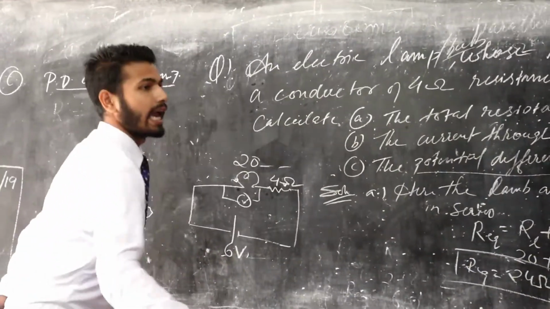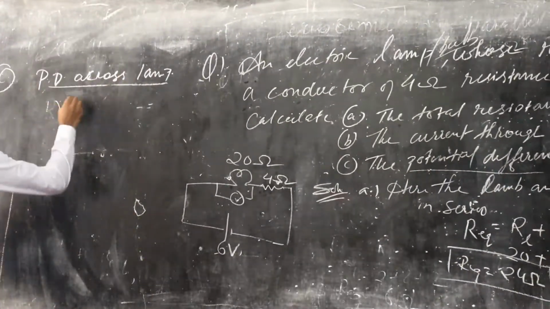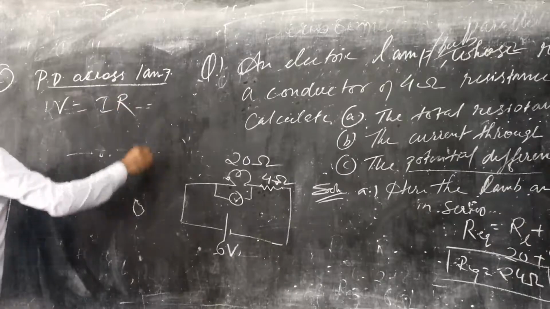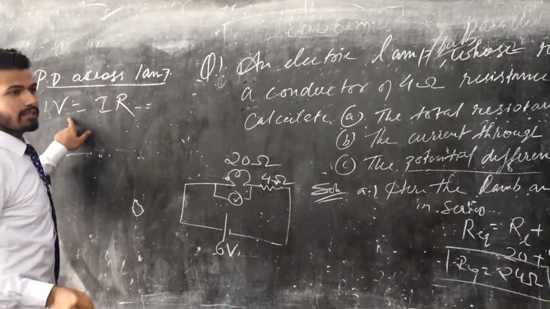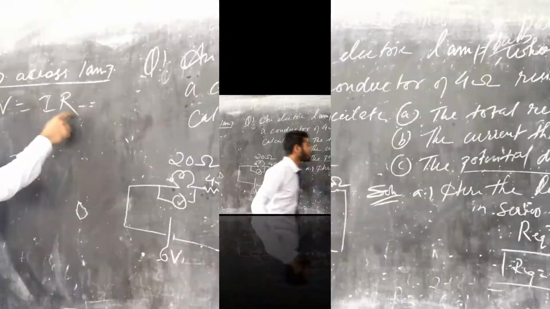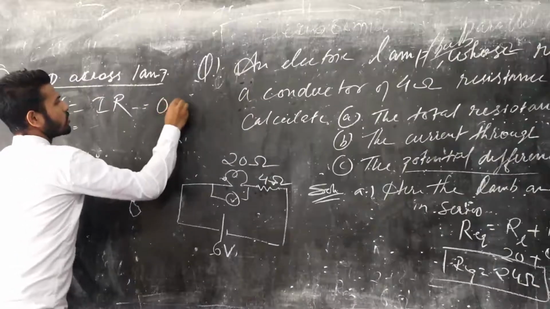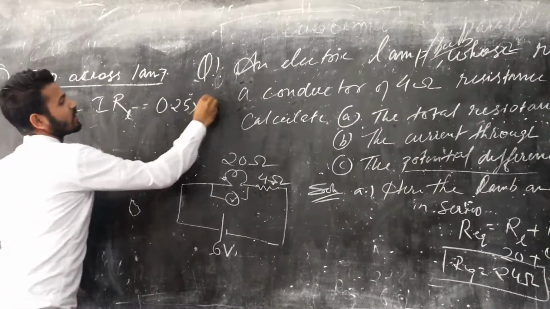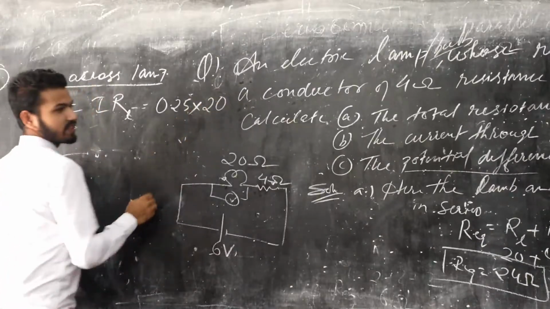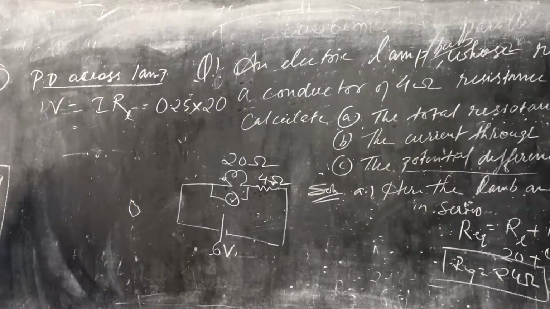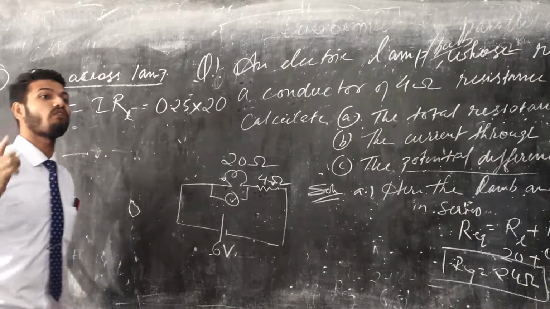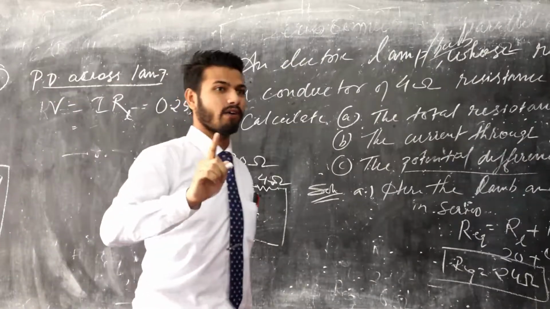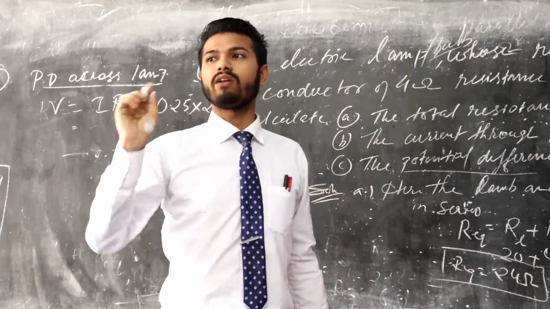According to Ohm's law, V is equal to IR. It is said to find the potential difference, so V is equal to IR, 0.25 into the resistance of the lamp, which is 20. We take the resistance of only the lamp, not the conductor now, the individual resistance of the particular thing.